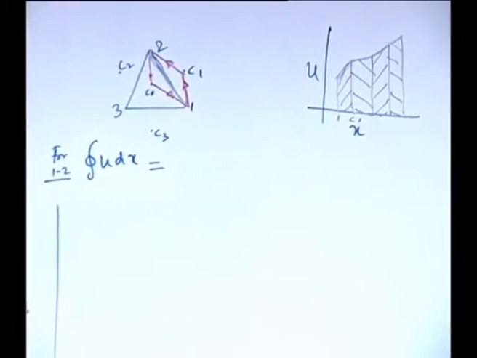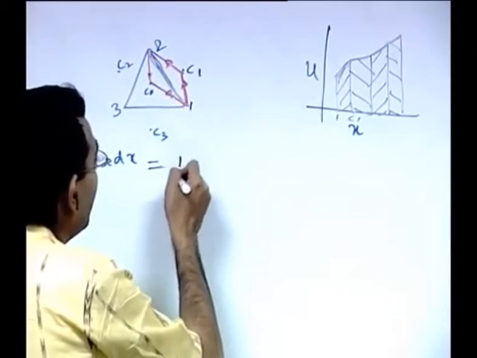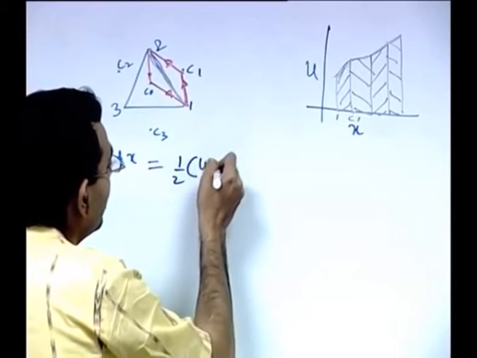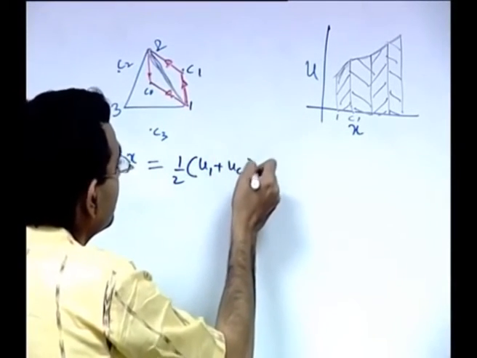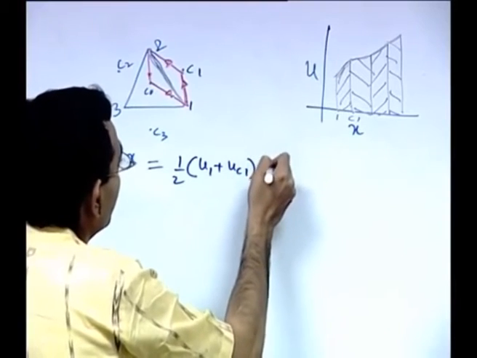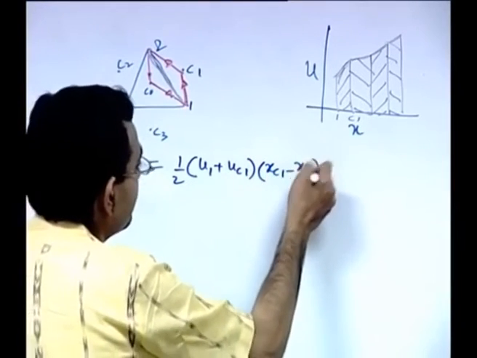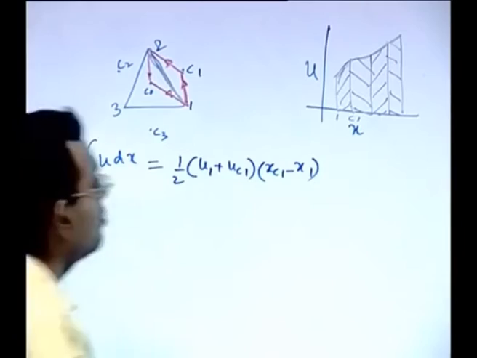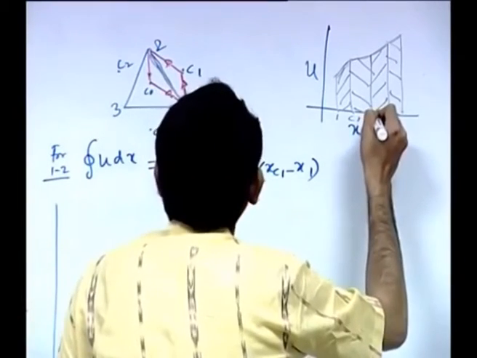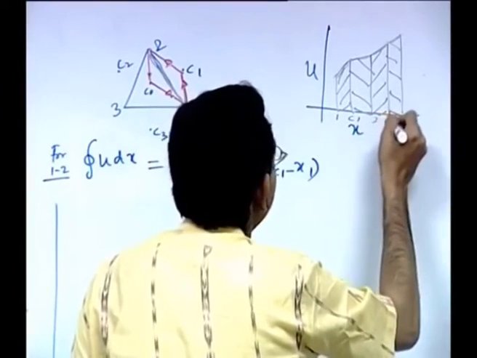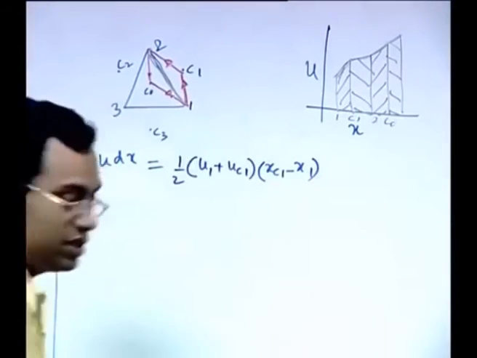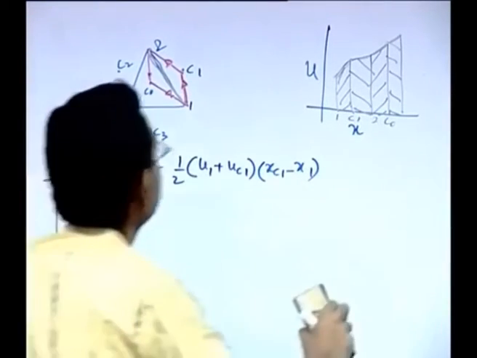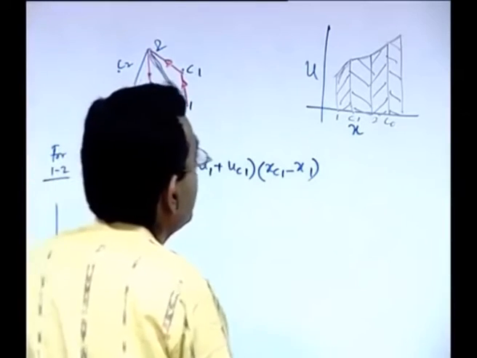So what is the first area? Half into U1 plus UC1 into XC1 minus X1, that is the first area. Then after C1 the next point is 2, then the point C0, there is no other point, and from C0 there is 1.